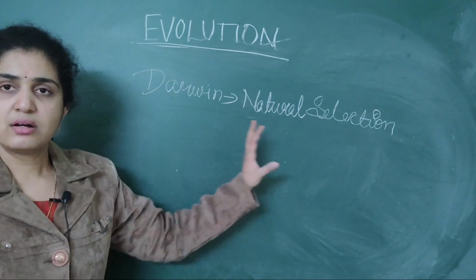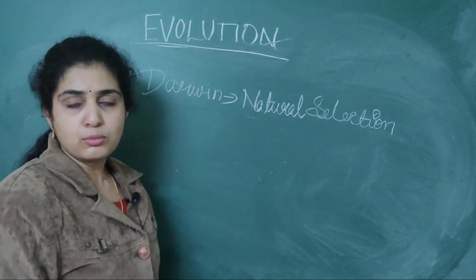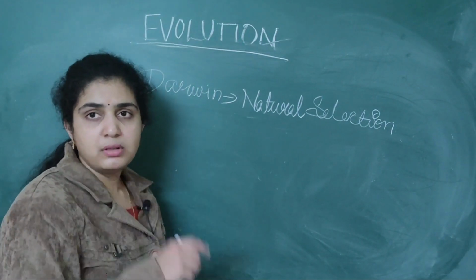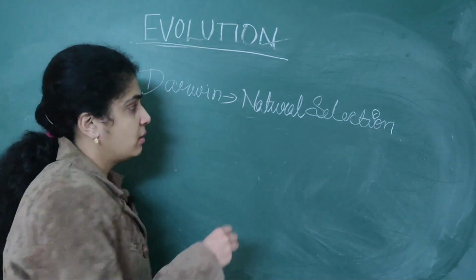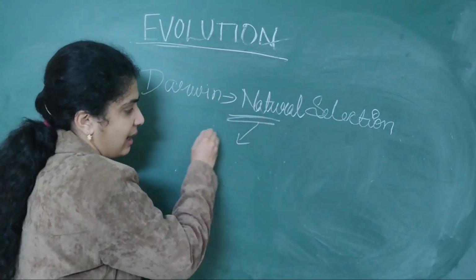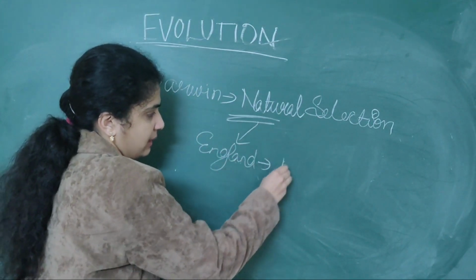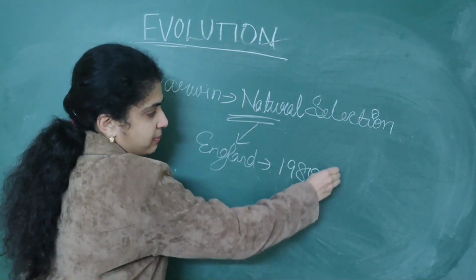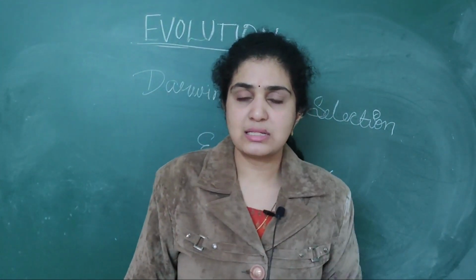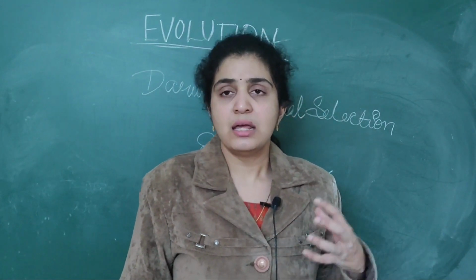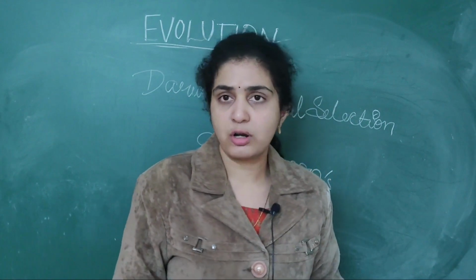A thing was given from England about the natural selection, in 1980s. The fact about natural selection was proved. What is natural selection? Nature will select those species which it wants only.